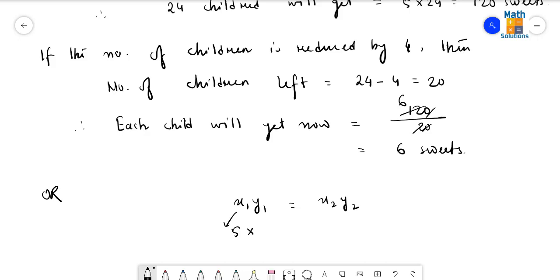In this case the number of children is 24, and the number of sweets is not known to us, and the decreased number of children is 20. So what will be the value of x2? 5 into 24 by 20. So it will be 5 fours are 20, 4 sixes are 24. So this result is 6. So that is how this can be done.